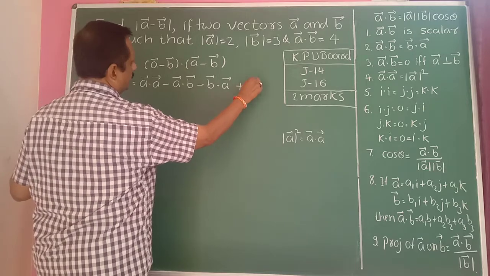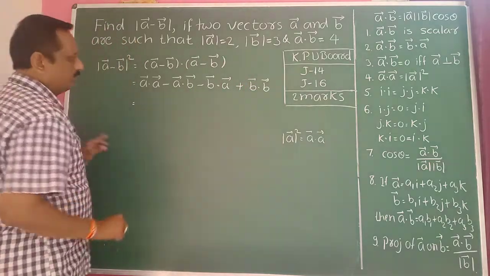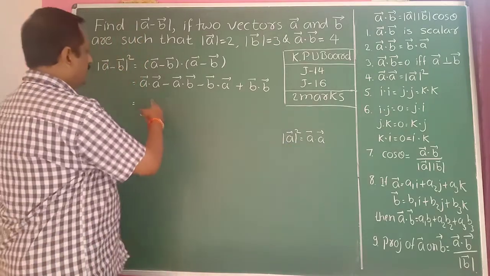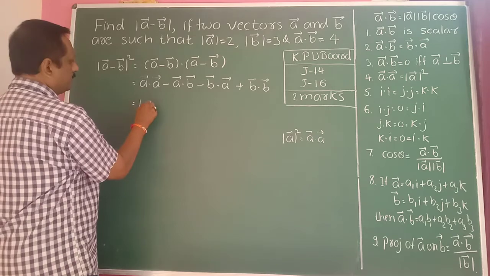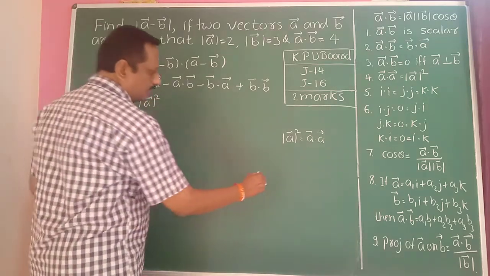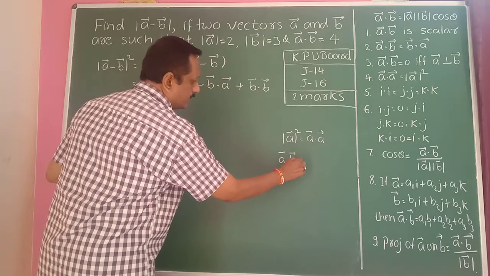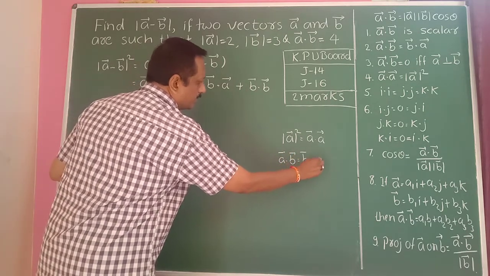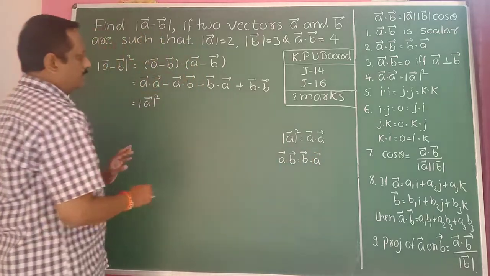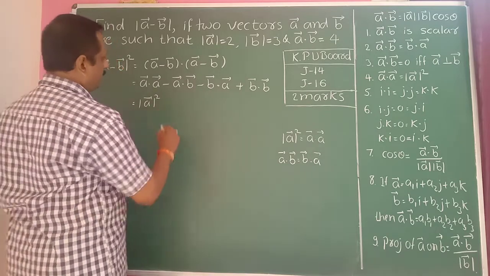So you know a bar dot a bar is modulus of a bar square. And you know that a bar dot b bar is equal to b bar dot a bar. Commutative property is satisfied here. Therefore b bar dot a bar is the same as a bar dot b bar.